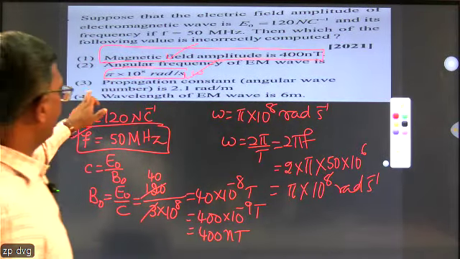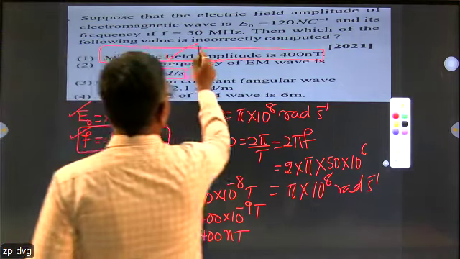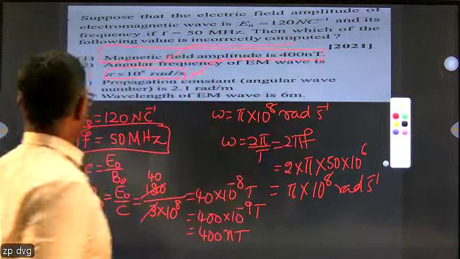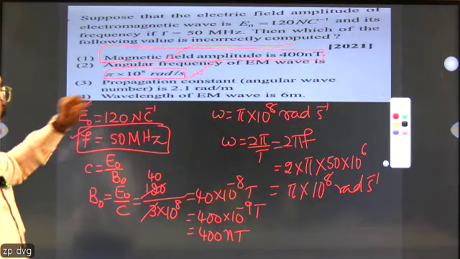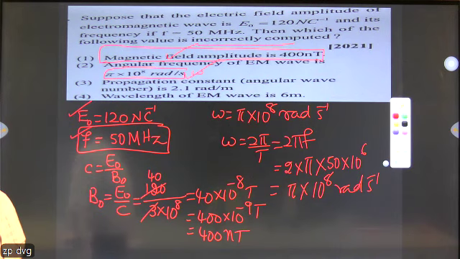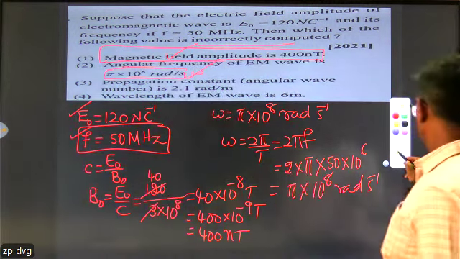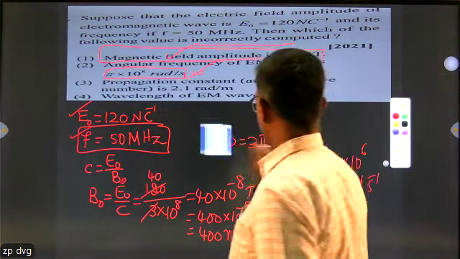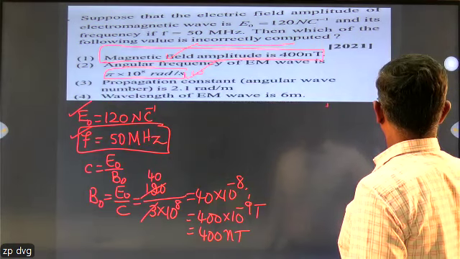Next he is asking the third one. We have to find the wrong one. The first was calculated correctly, and the second, angular frequency, was calculated correctly. The third one is the propagation constant. K is called the propagation constant.